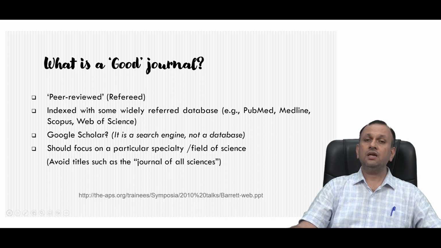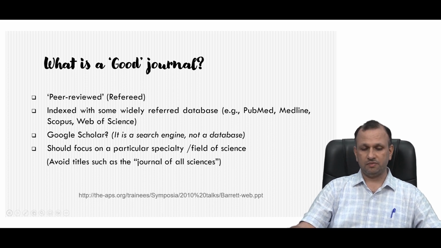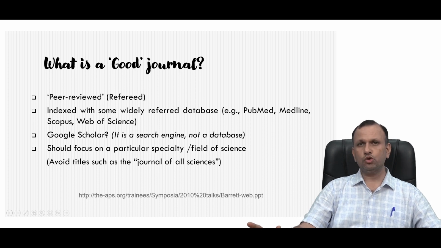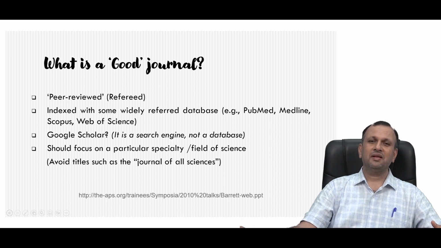So a good journal should always focus on a particular specialty or field of science. So avoid titles such as the Journal of All Sciences, because it is humanly impossible to have an editorial board that can look after the articles of engineering, of biomedical sciences, of biochemistry, of dentistry, of social sciences, arts and humanities, and so on and so forth.